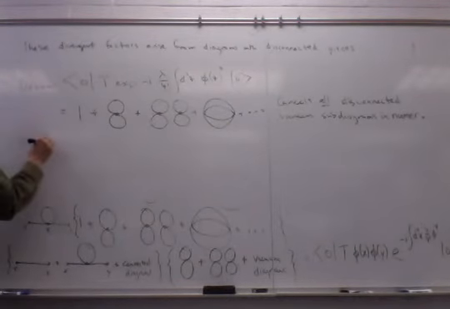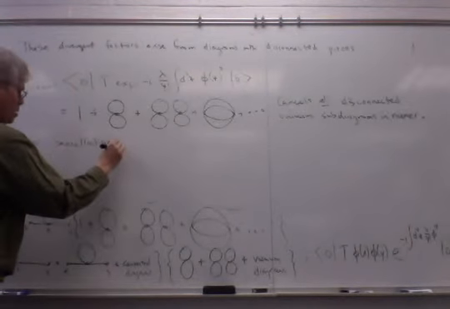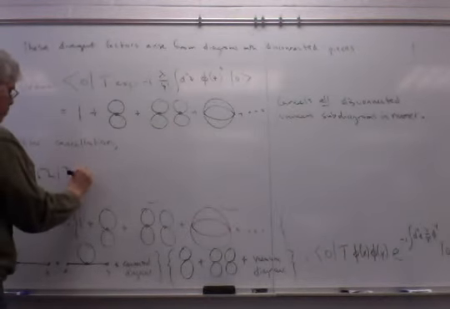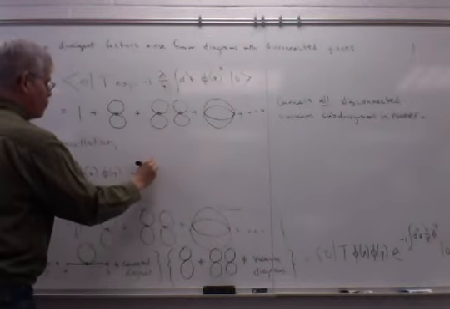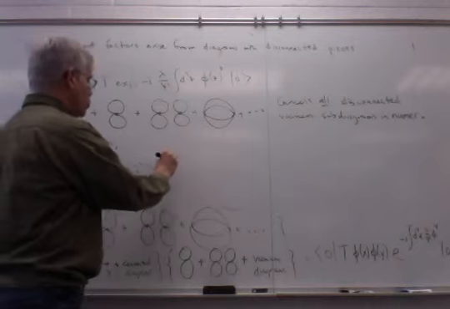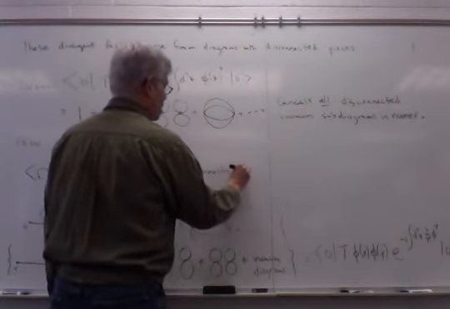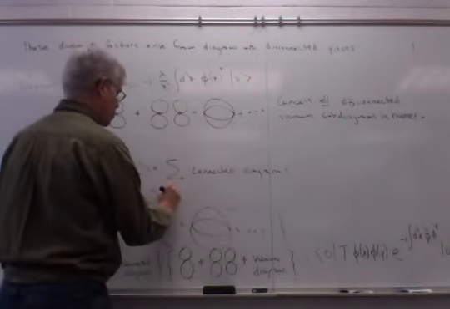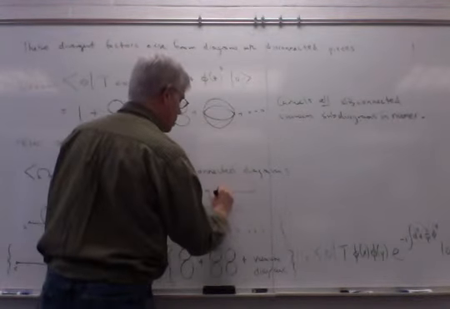And we are left with, after cancellation, the final answer for our calculation of this interacting correlation function, which is equal to the sum of connected diagrams. Like this one from x to y, like this one here.